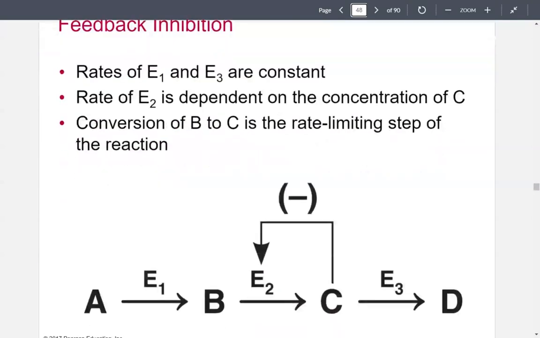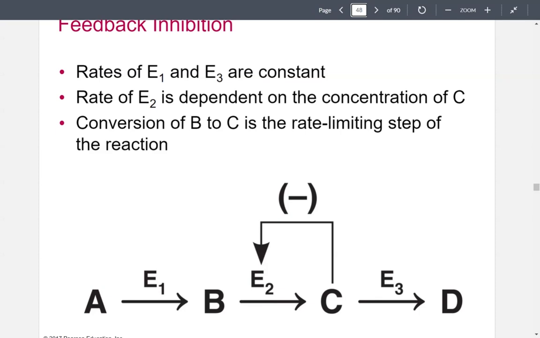And then, just to make things even more complicated, we are going to have feedback inhibition. So just because we have X amount of substrate, just because we have X amount of enzymes, does not mean they're always going to be in play. So here we have rates of this enzyme and this enzyme are constant, and enzyme number 2 taking place is going to be dependent upon the amount of the product that is out there.